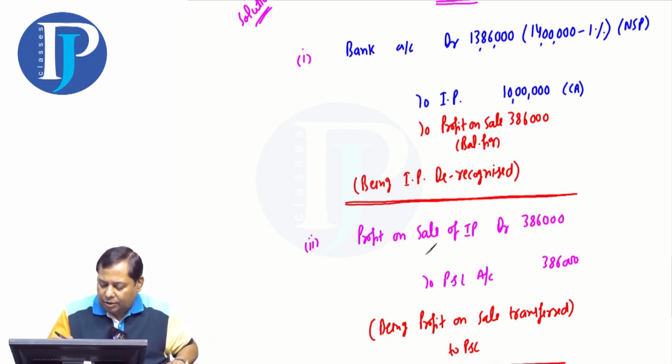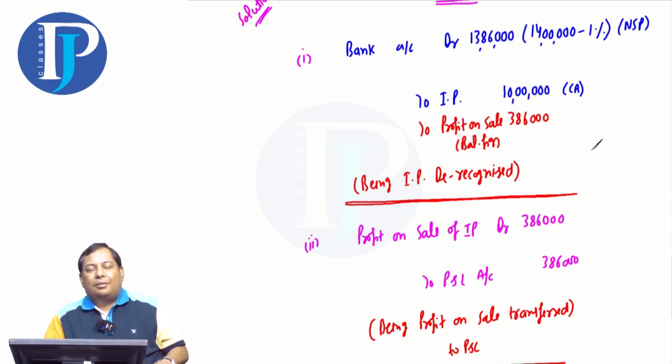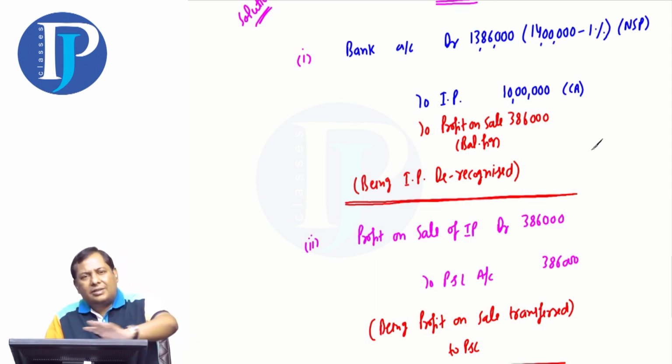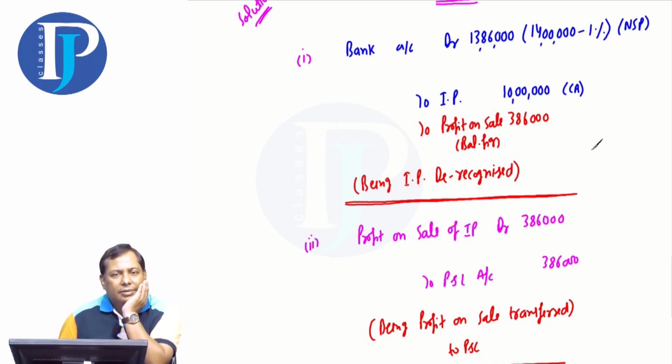First we opened a nominal account and then transferred it. So if you directly write P&L, what would you write there by bank? Bank account debit, to sales, sales to trading and P&L, this is what we learned. There's no problem. At an advanced level, directly write P&L. Write profit in the bracket, you will still get full marks. No problem. Not even 1%.